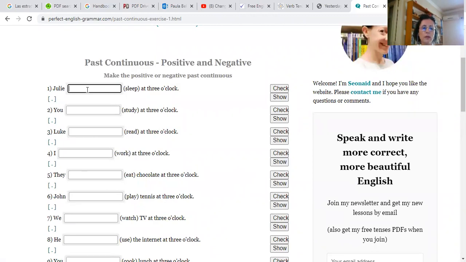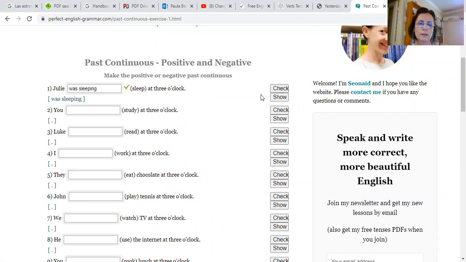Was. Julie was sleeping. Was sleeping? Sleeping. Yes. Was sleeping. Okay, check. That's correct. Julie was sleeping. Yeah, perfect.